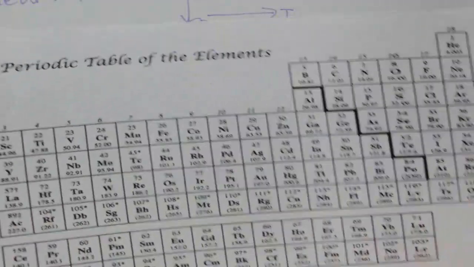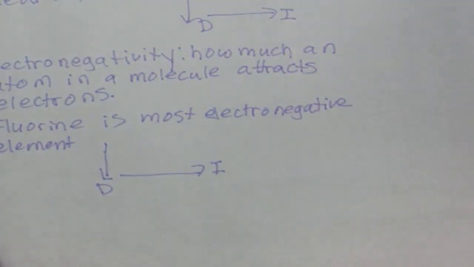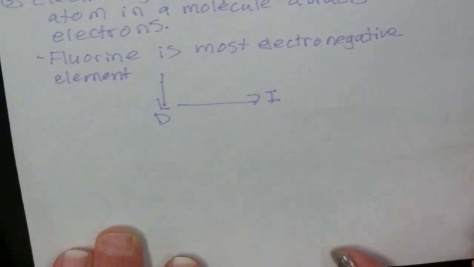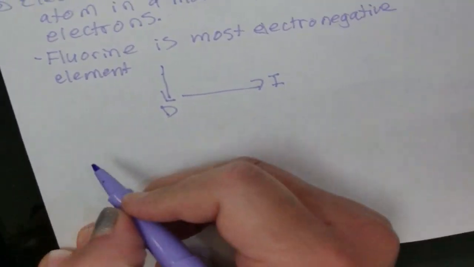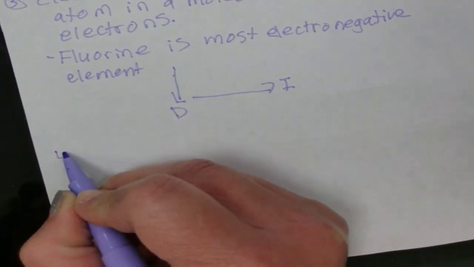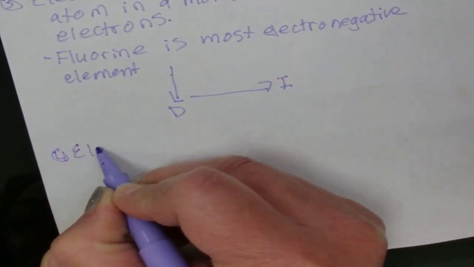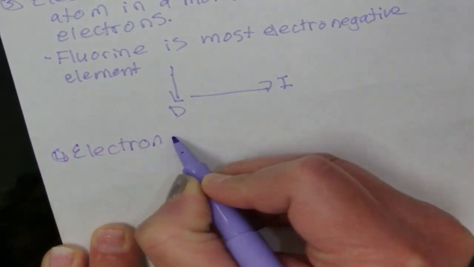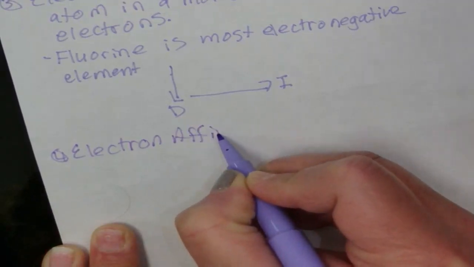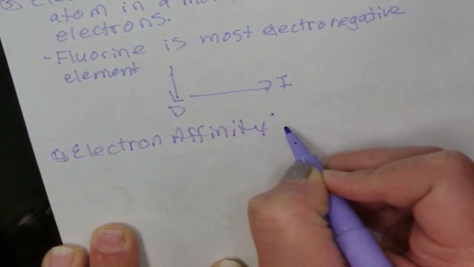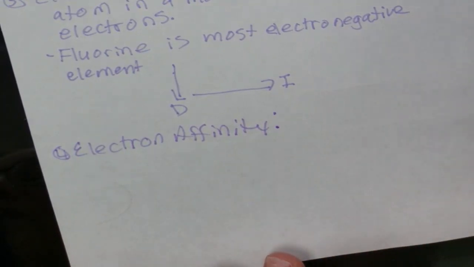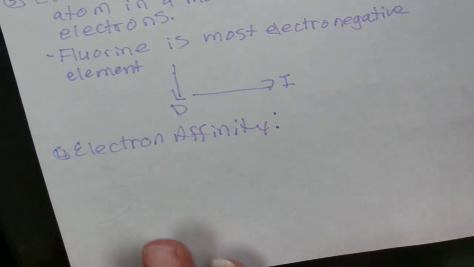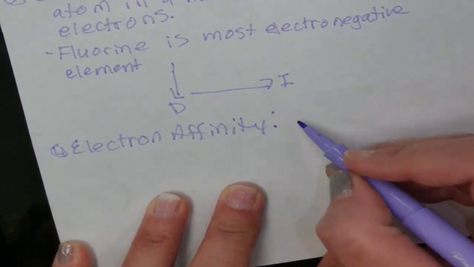All right, what is our next one? Our next one that we're going to look at is electron affinity. Electron affinity is the change in energy that occurs when a neutral atom gains an electron.